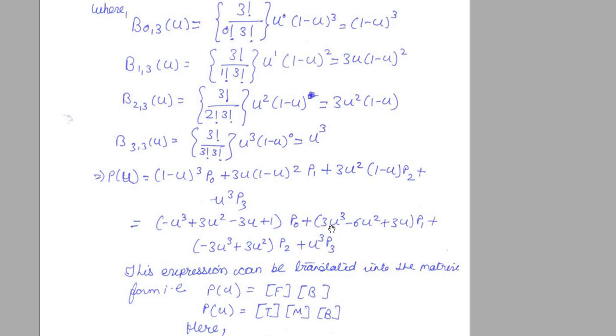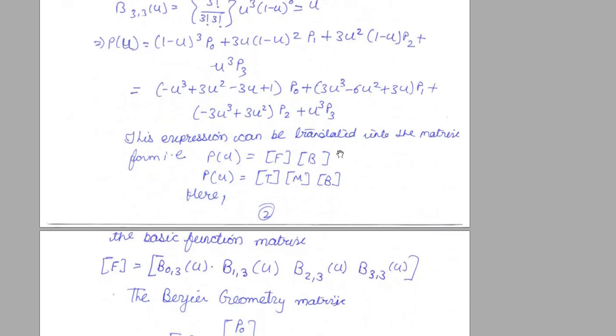Here we then have 3u cube minus 6u square plus 3u times P1, minus 3u cube plus 3u square times P2, plus u cube P3. This can be expressed in matrix form: P of u is equal to U times B, where B is nothing but the matrix M.